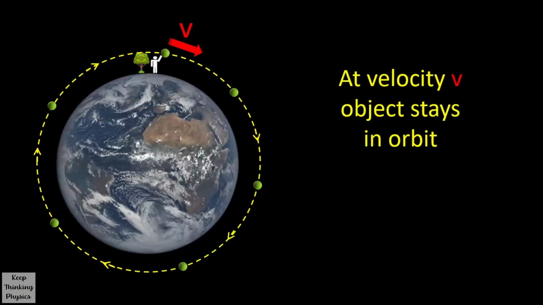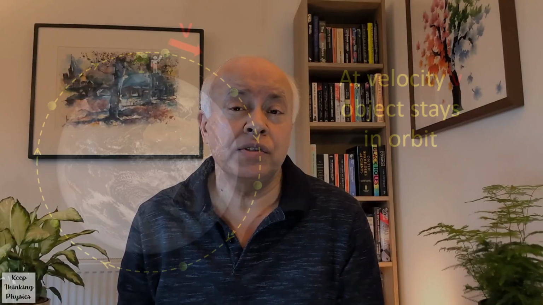So the object never actually hits the ground. And if something is in orbit, then its initial velocity is the same as its velocity at any other point in its orbit. So we can just say that the special velocity for an object in orbit is just v. The velocity v is what we will refer to when talking about orbital velocity.